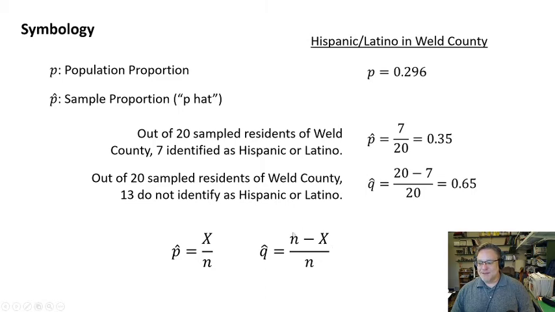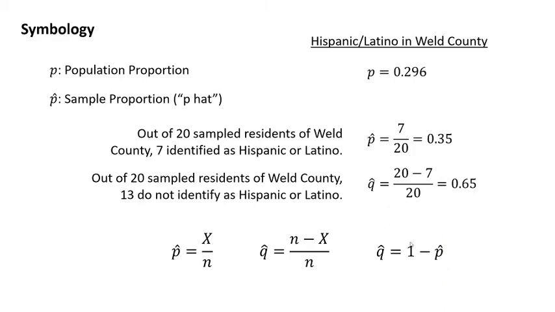This is the total number of people sampled minus the people who identified as Hispanic or Latino. So up here, we are getting the total number of people who did not identify as Hispanic or Latino, and if we divide that by n, we get q hat. That's the complement of p hat. And that's the hard way to calculate q hat. The easier way would be to simply take p hat and subtract it from 1 to get q hat.